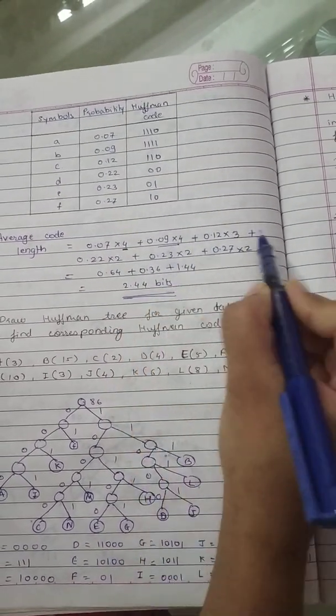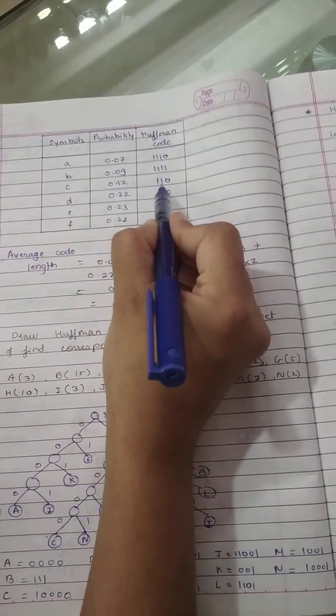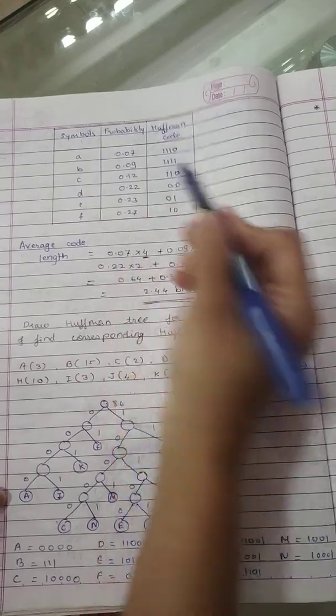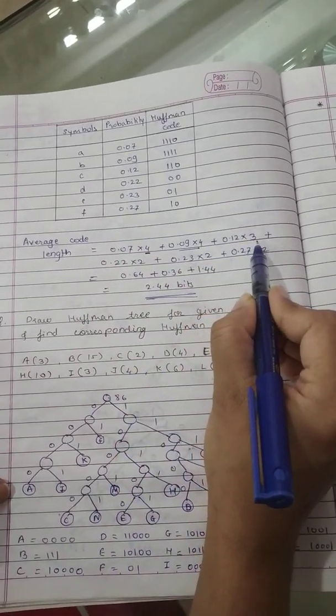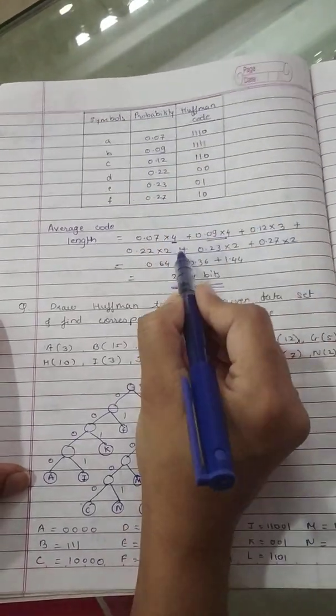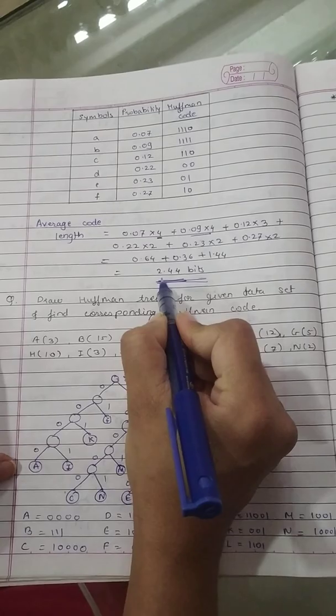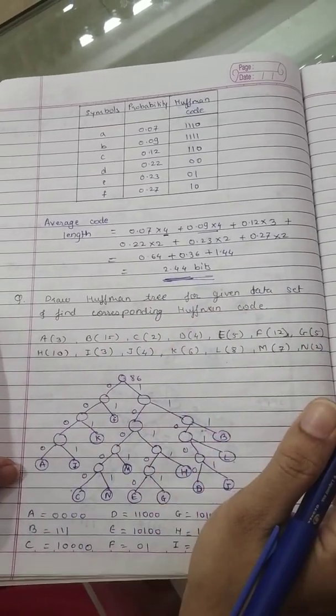That's why 4 plus probability of C is 0.12 and length of C is 3. That's why 0.12 into 3. Like this, we have to write down the complete values in this formula to get the final average code length, which is equal to 2.44 bits.